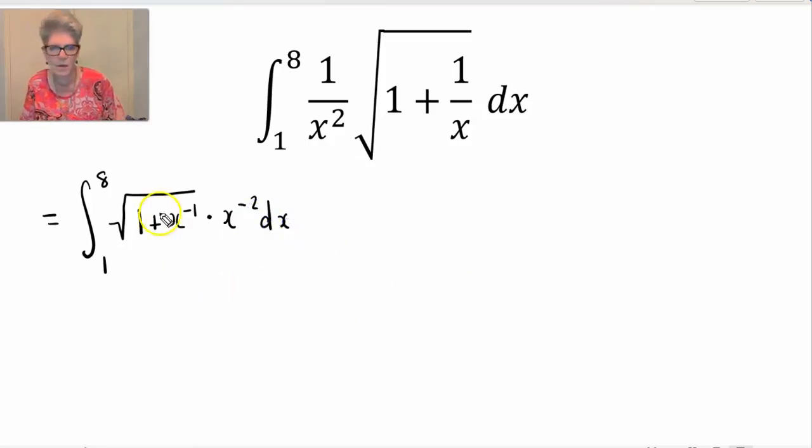Okay, so I'm thinking now, let's let u be what's inside that square root symbol, because the derivative of 1 is 0. Okay, so it should work out pretty nice. And again, a professor can ask you what's the exact answer.